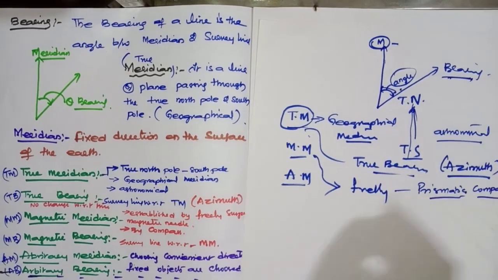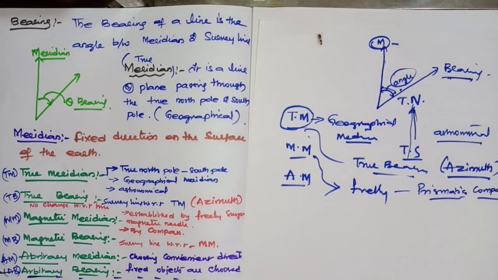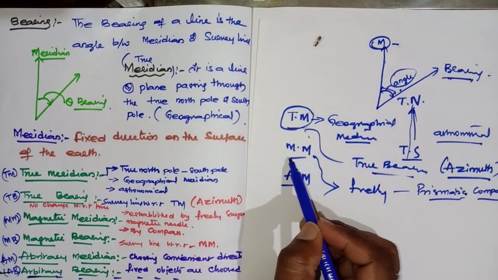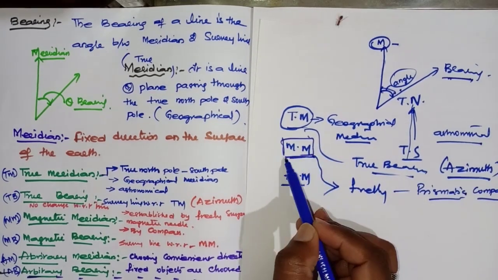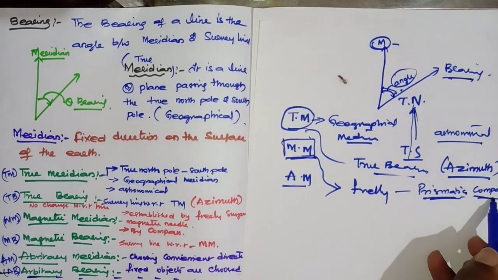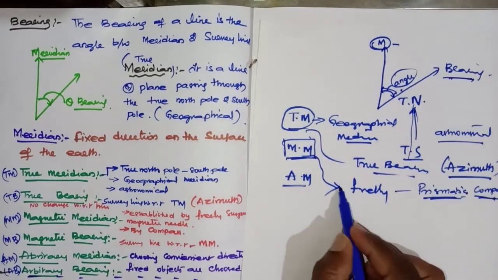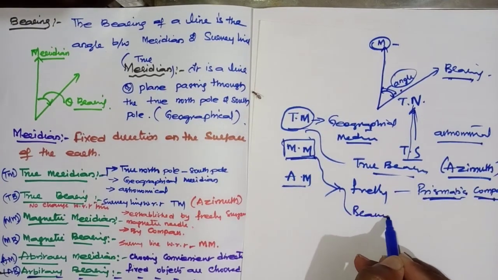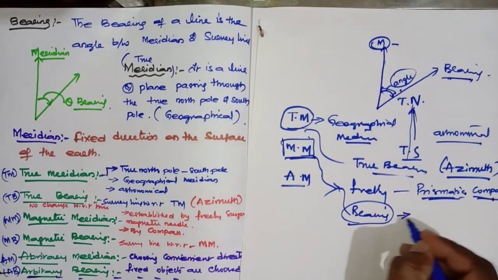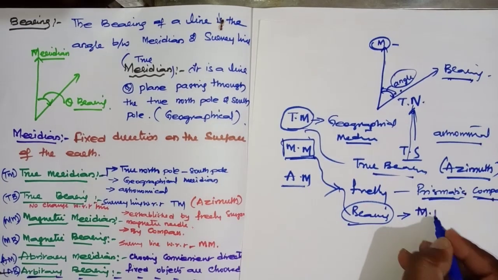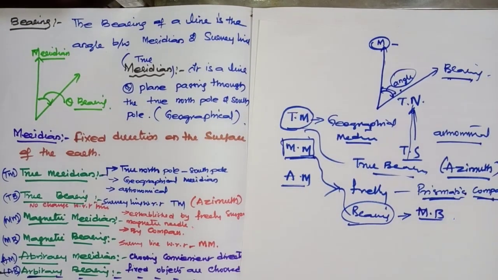This magnetic meridian is shown by the prismatic compass we will be using regularly in our classwork, and the bearing taken with respect to the magnetic meridian is called the magnetic bearing.